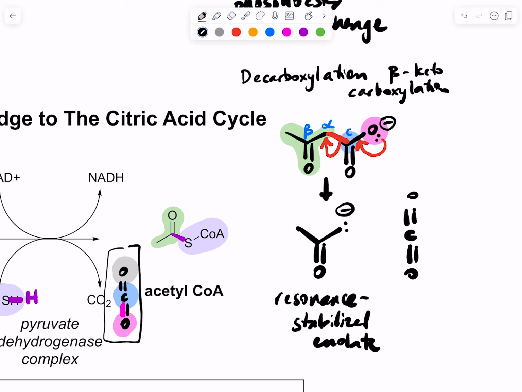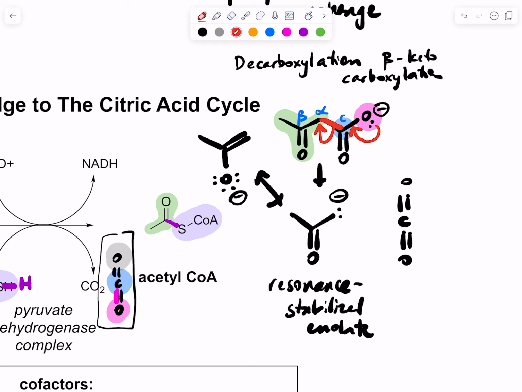And you could draw, if you wanted to, the other resonance structure that would look like this with the negative charge on the oxygen. And then in a subsequent step, that enolate gets protonated on the alpha carbon, and that leads to a ketone. So you've seen that before. That's decarboxylation of a beta keto acid. The products are a ketone and CO2.